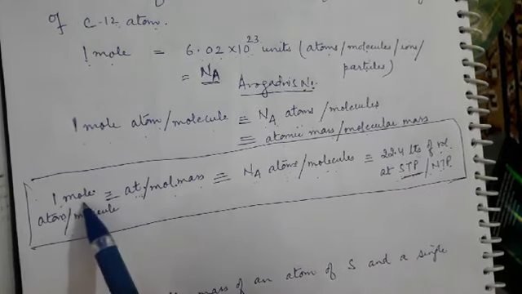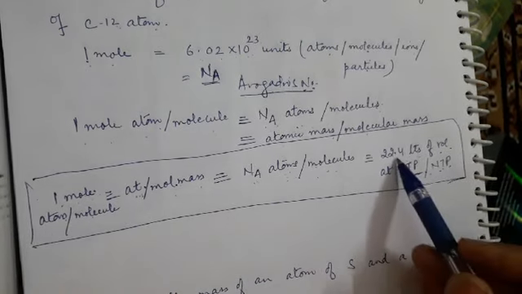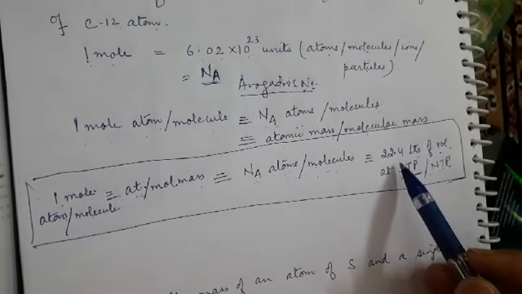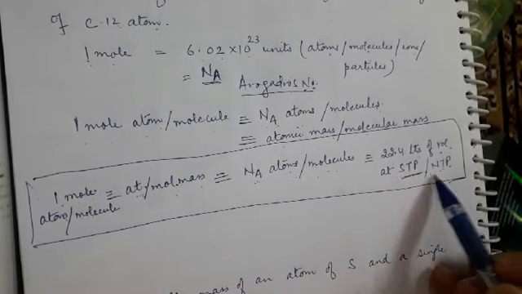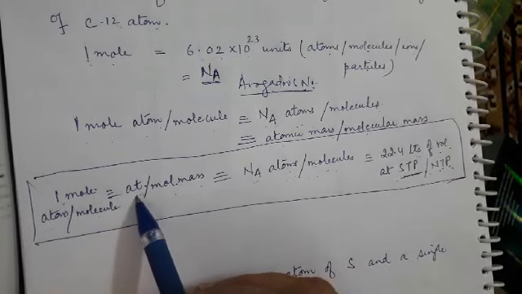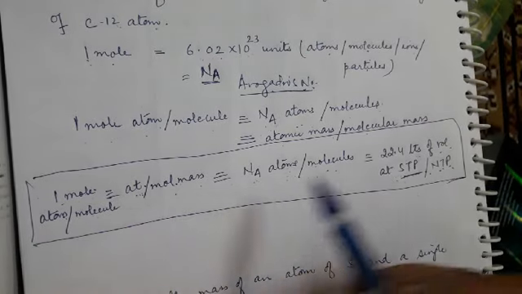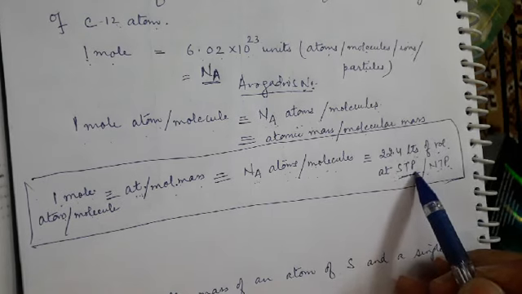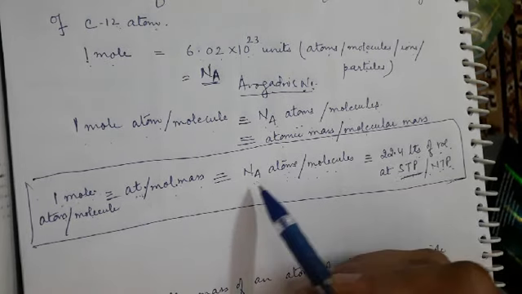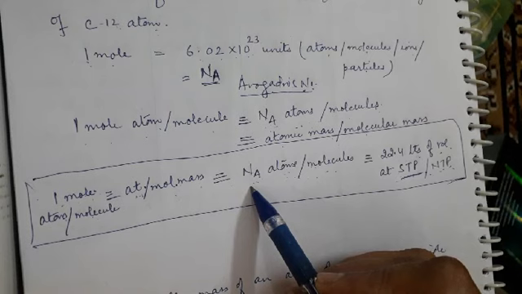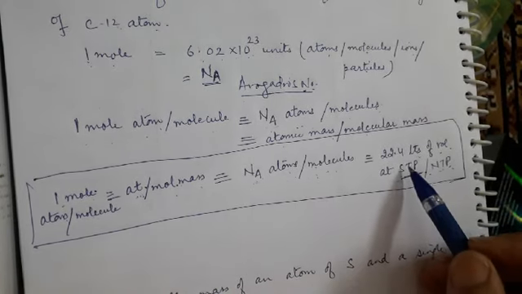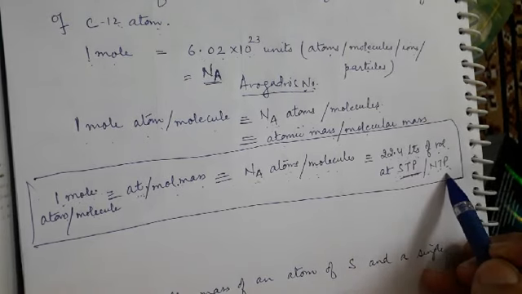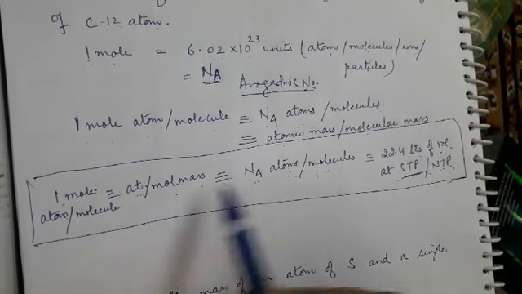As we know this standard formula, 1 mole atom occupies 22.4 liters of volume. 1 mole molecule occupies 22.4 liters of volume at STP. Atomic mass or molecular mass also occupies 22.4 liters at STP. NA atoms, 6.02 into 10 to the power 23 atoms or molecules, also occupy 22.4 liters of volume at STP.